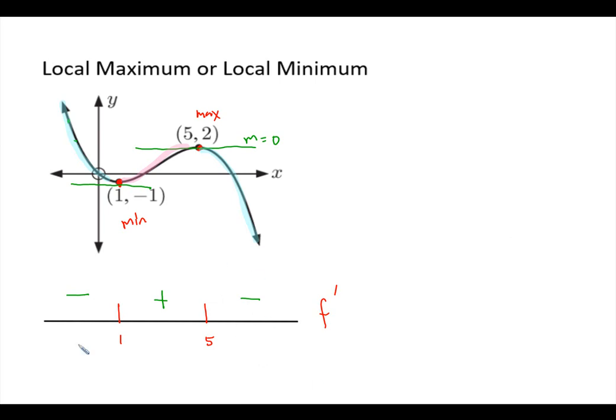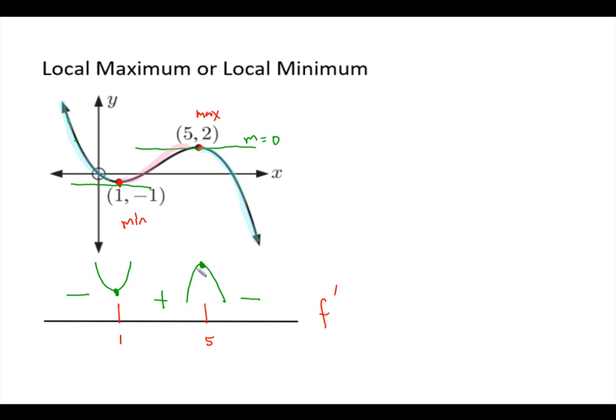So looking at the sign diagram, how do we know if it's a minimum or a maximum? If it's going from negative to positive, basically it's going down and then going up. So this point is at the very bottom; that's how we know it's a minimum. Over here, if it's going from positive to negative, this point is the highest point.